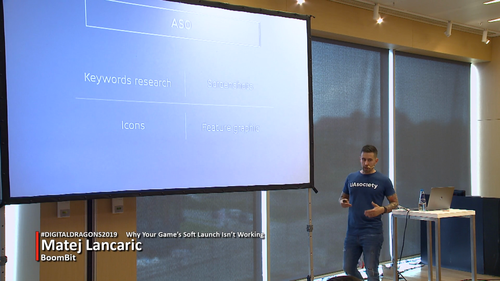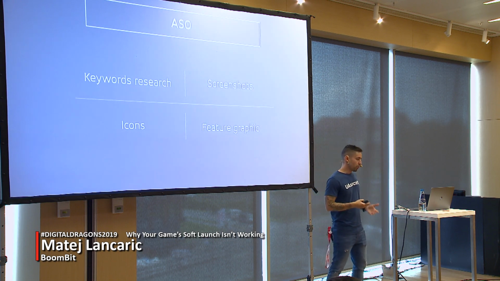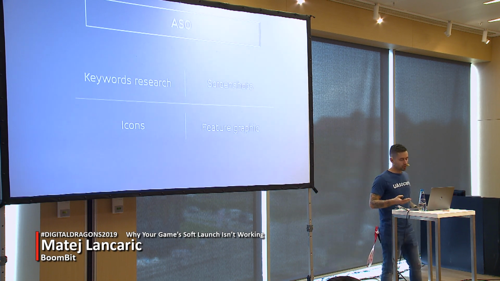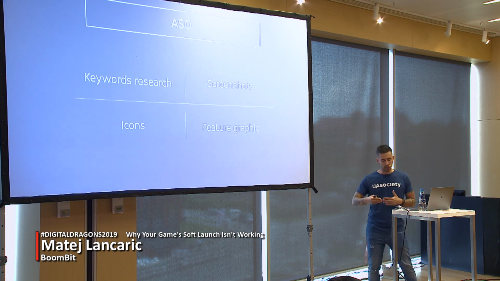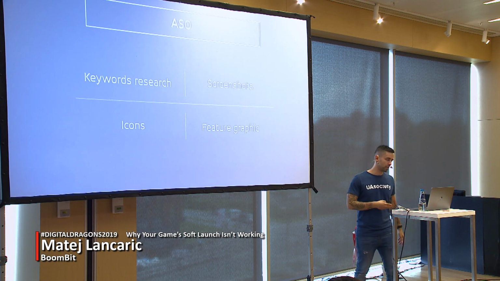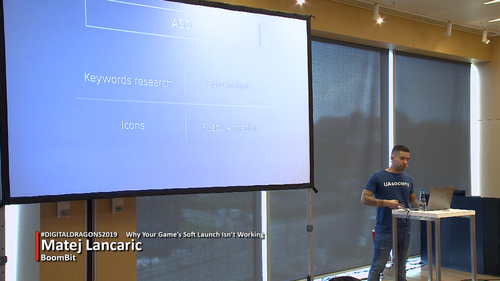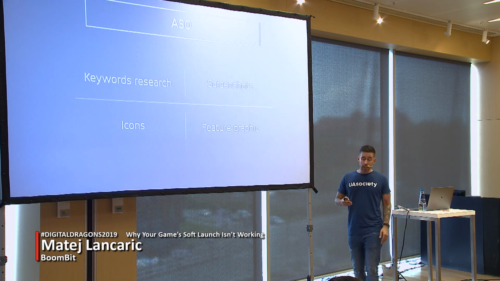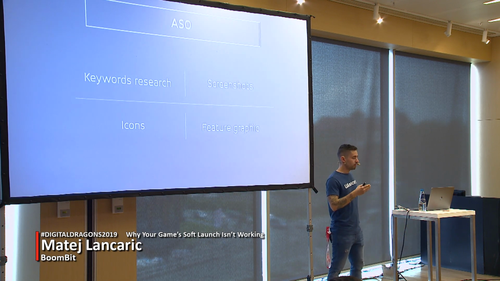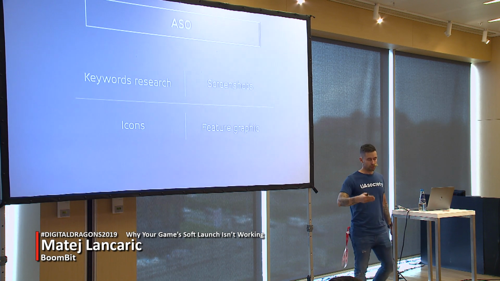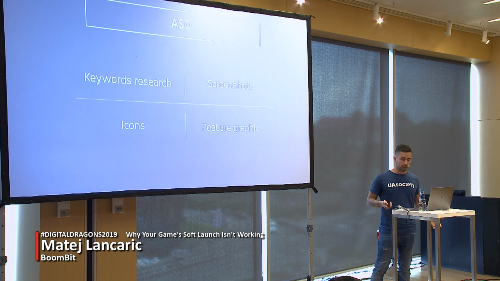And in soft launch, the ASO is a very important part. And not only in soft launch, but you should start with ASO in the early soft launch phase. Doing your homework with keyword research, but then obviously test screenshots, icons, and feature graphics at least one time.